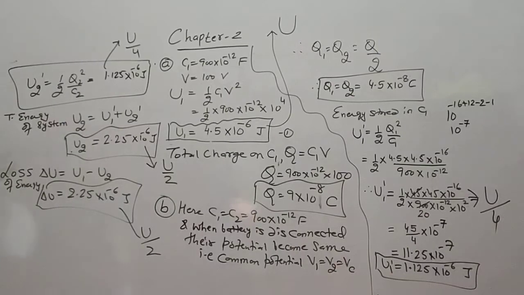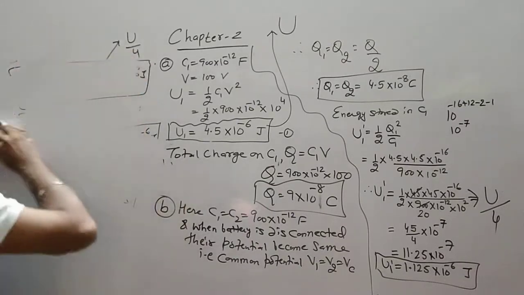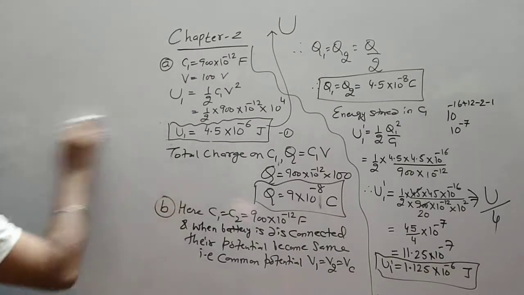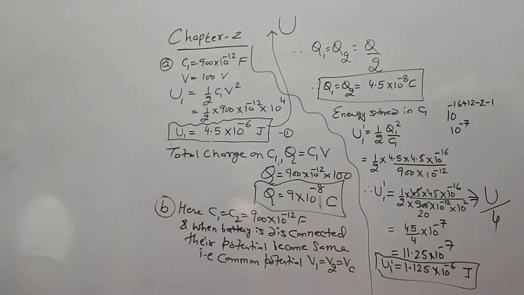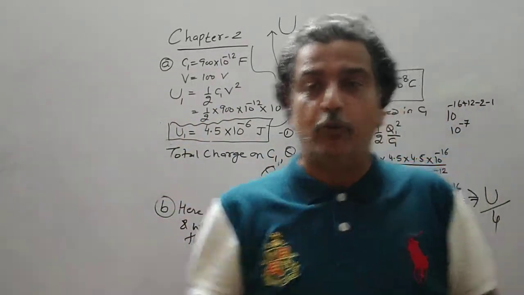So the total energy will be U by 2 and the loss will also be U by 2. So if such a numerical is given in the MCQ, directly you have to remember whatever total energy the first capacitor has, half the energy will be the loss and the remaining half will be divided equally, that is U by 4, U by 4.